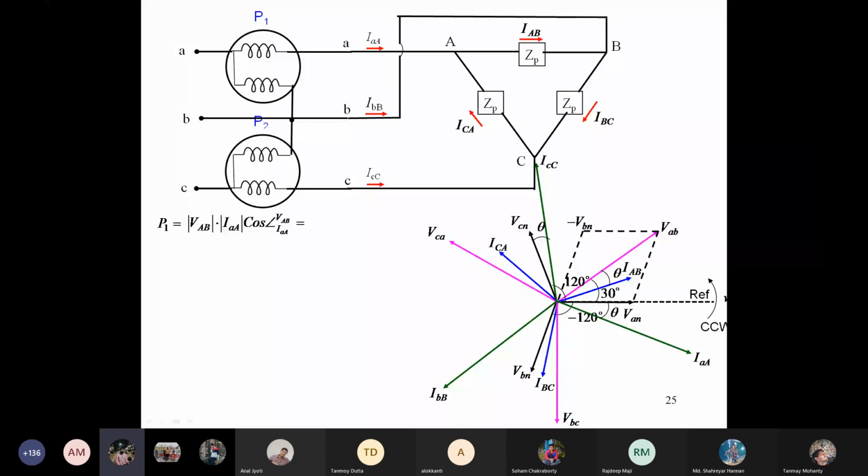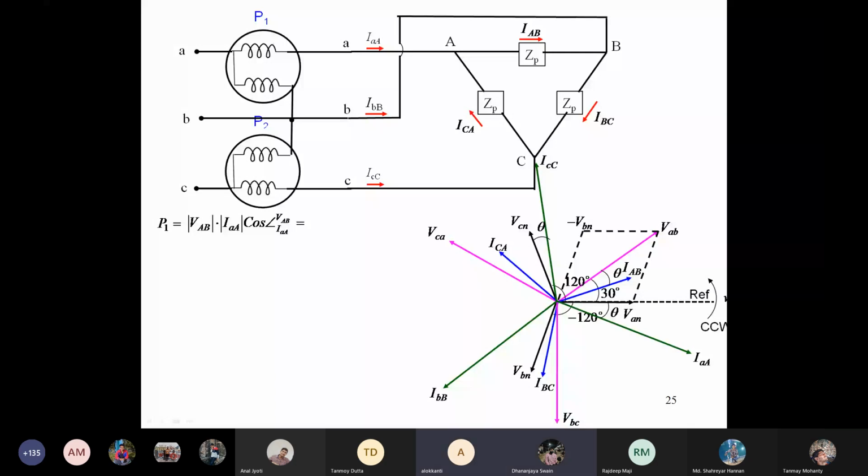We are always measuring power across a load. In AC we have seen that the power is equal to the voltage across the load, the current across the load, and cos of the angle between them.